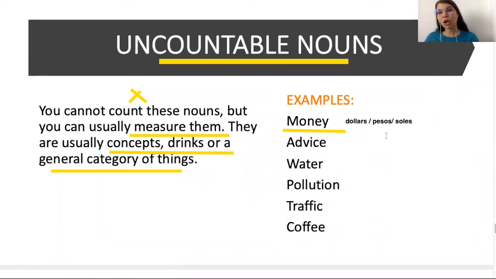How many dollars do you have? How many pesos? How many soles? So here, money as a general category is not countable, but dollars, pesos, or soles are. So the currency is countable. A specific currency is countable.